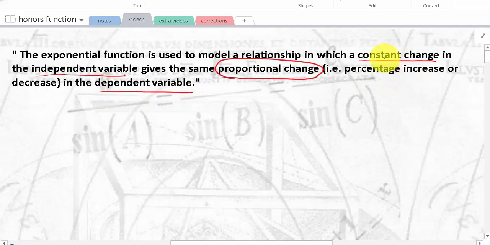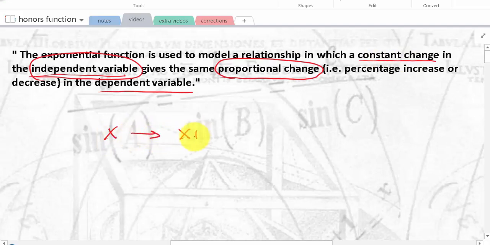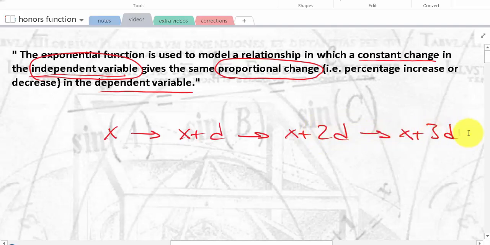So if the input, that's the independent variable, changes at a constant pace, meaning you go from x to x plus d, and then x plus 2d, and then x plus 3d, then the output, the dependent variable, will change at the same proportional change.